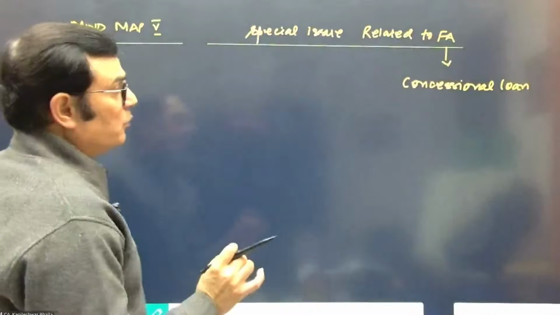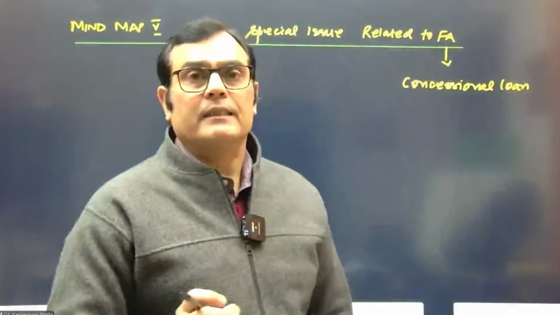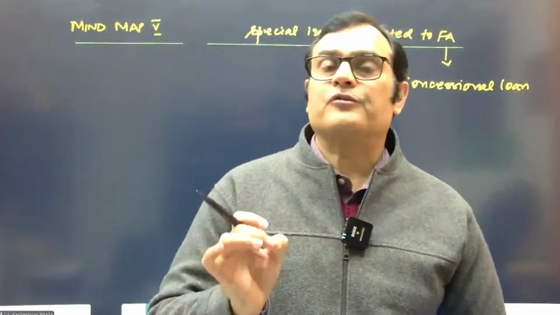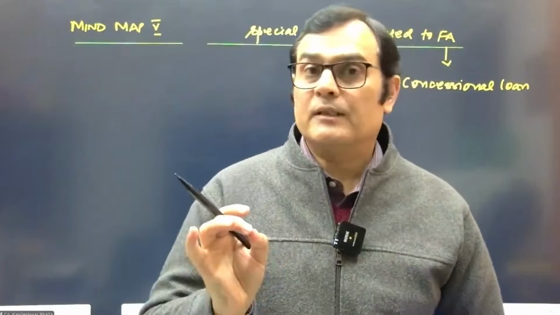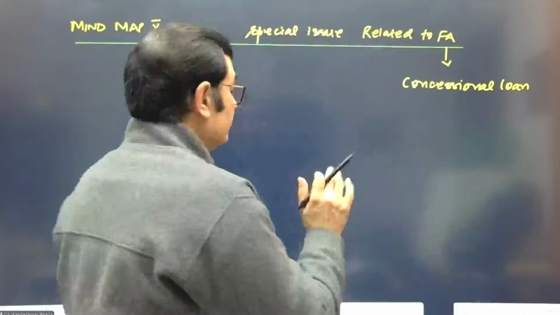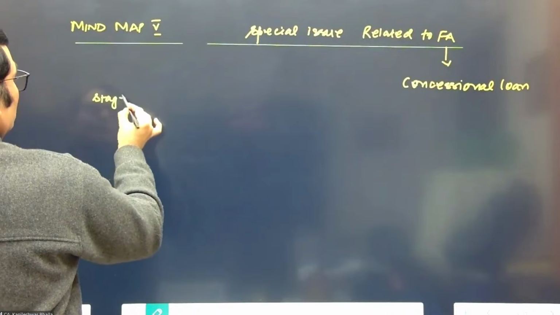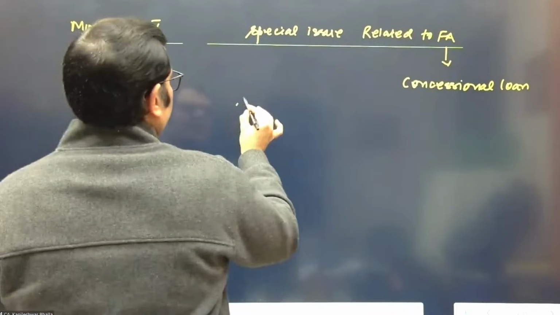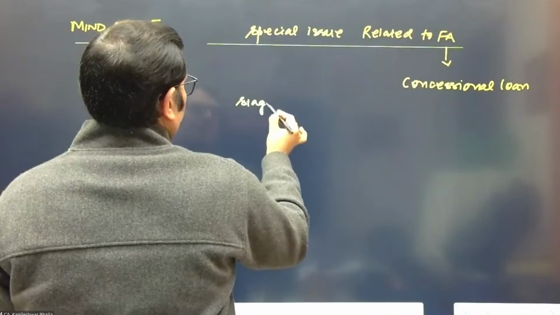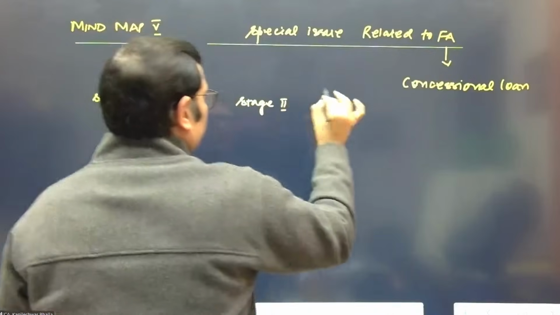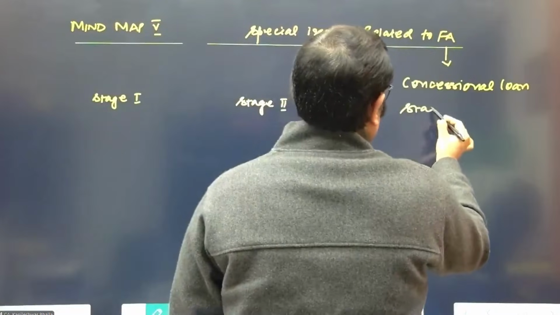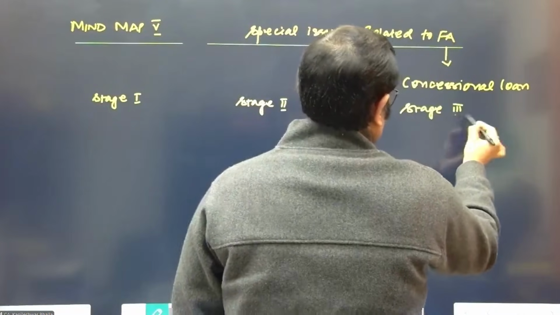I would divide this into 3 stages. I think that will be a good one to do. So we're looking at a concession loan. Let's divide this in 3 stages: stage 1, stage 2, stage 3, or you call it step 1, step 2, step 3, whatever. But I'm calling this time stage 1, stage 2, and stage 3.